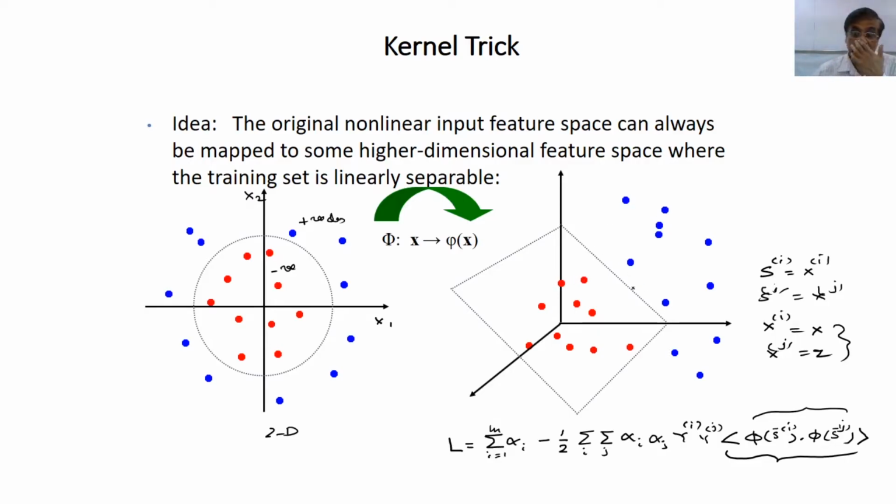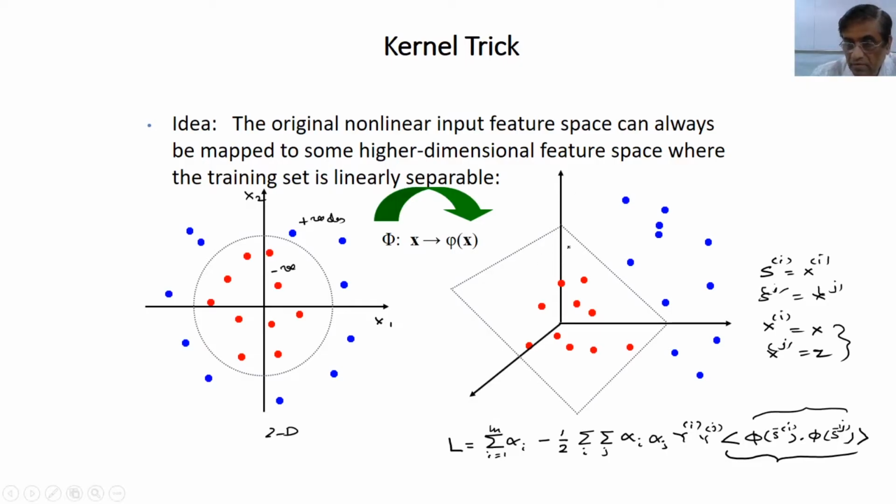So they are linearly separable, and here we can actually apply support vector machine and it will work the same as it would have worked in lower dimensional feature space, provided the samples were linearly separable. So that is the concept of taking the data to a higher dimensional feature space.